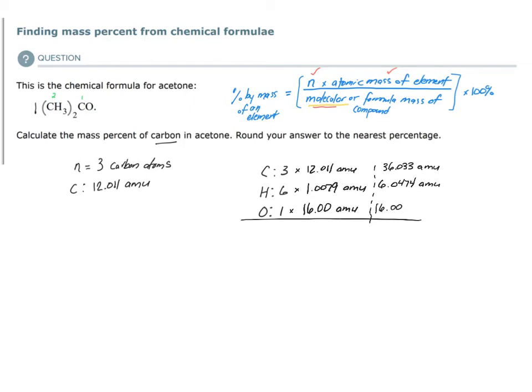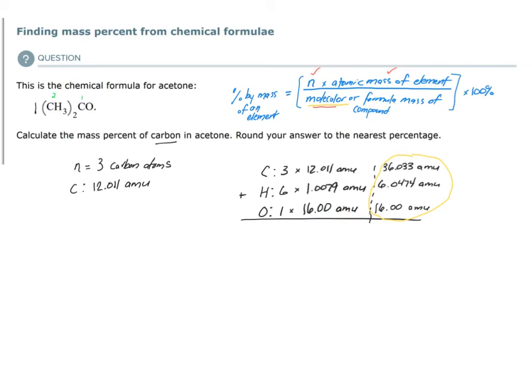16. Now, I'm not really worrying about significant digits right now. Let's just go ahead and get it added up and get a calculated value. So I'm going to add all of these atomic mass values together. All of the carbons in this molecule contribute a mass of 36 AMUs. All of the hydrogens in this molecule contribute a mass of 6 AMUs. All of the oxygens in this molecule contribute a mass of 16 AMUs.